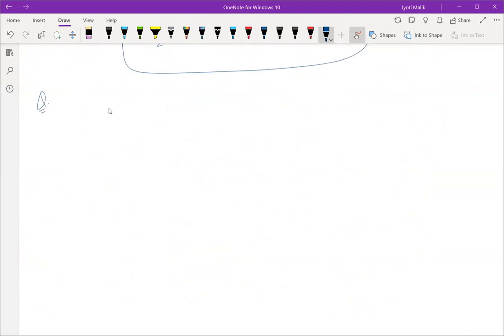So you are given a signal, let's say x of t, which is equal to 4 cos 10 t. This is your x(t), and let's say you have an 8-bit quantizer.